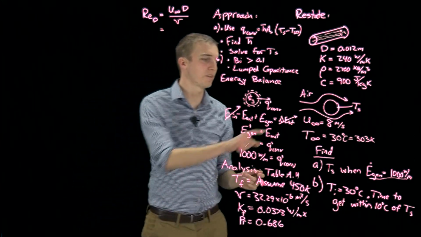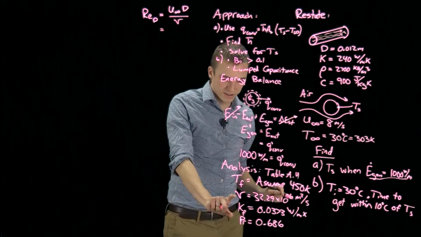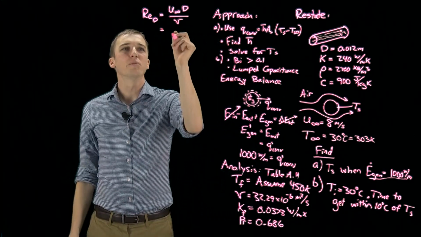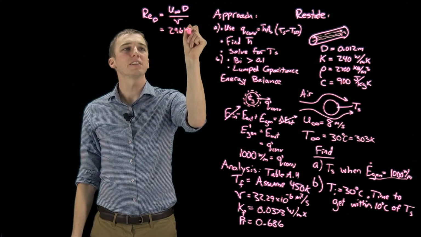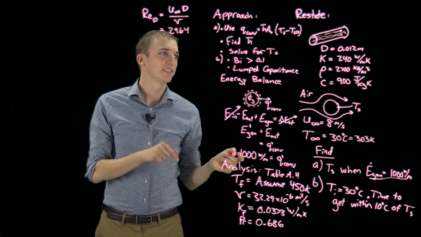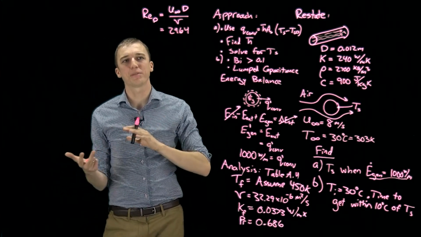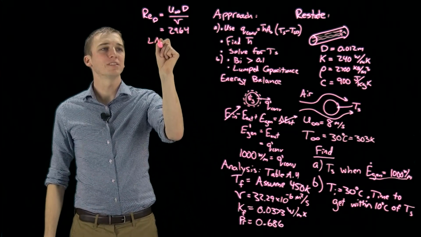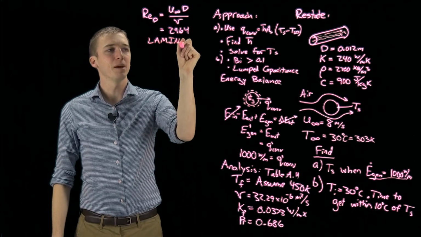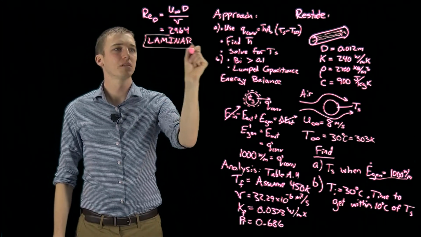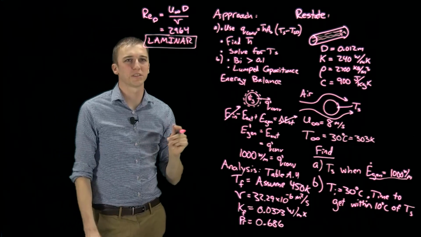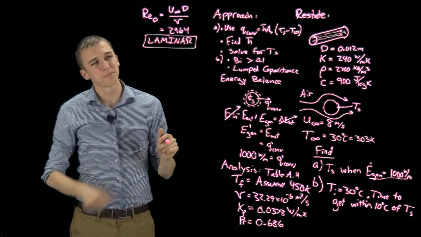So plugging in what we know to be U infinity, our diameter, our kinematic viscosity, we get 2,964, which for a cylinder, we use 2 times 10 to the 5th to designate laminar versus turbulent. That means we have laminar flow. Honestly, that's good, since those convections are a little nicer to play with.